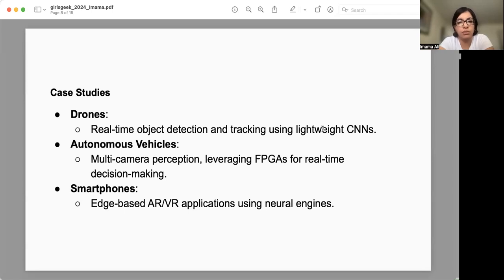So these are drones, autonomous vehicles, and smartphones, and also gaming consoles, which use edge-based devices for the VR or the AR applications.